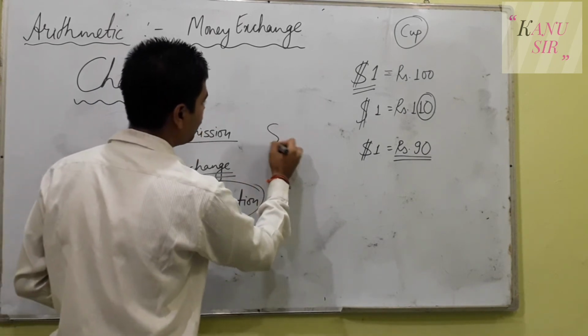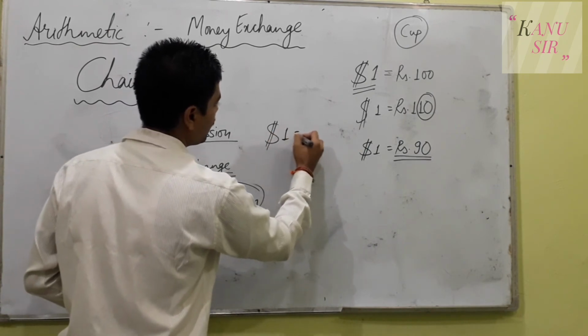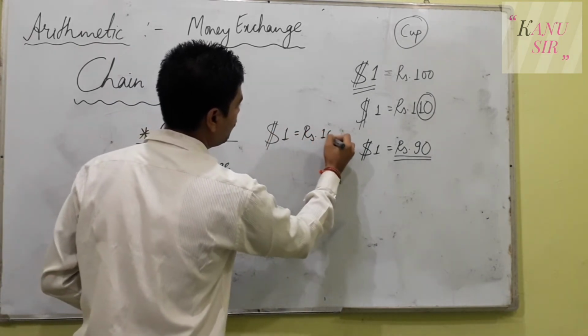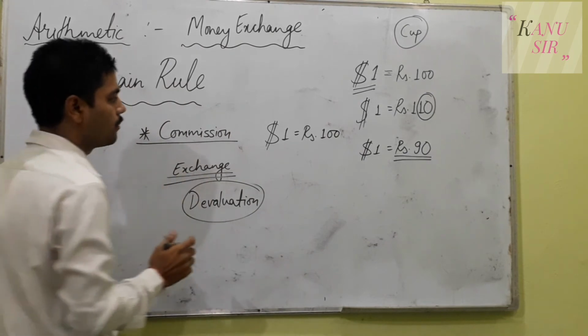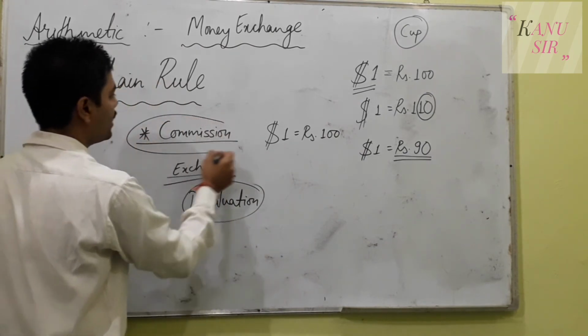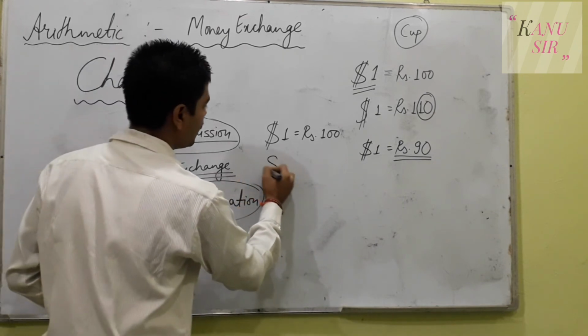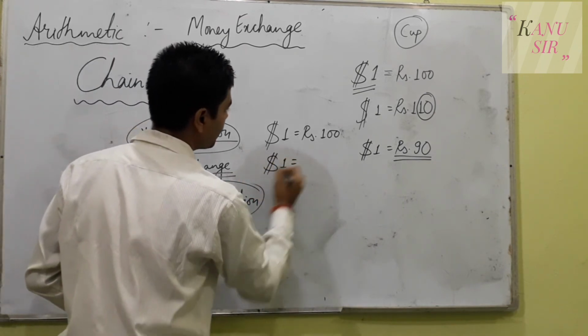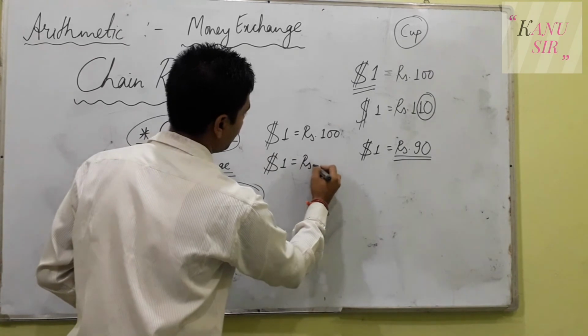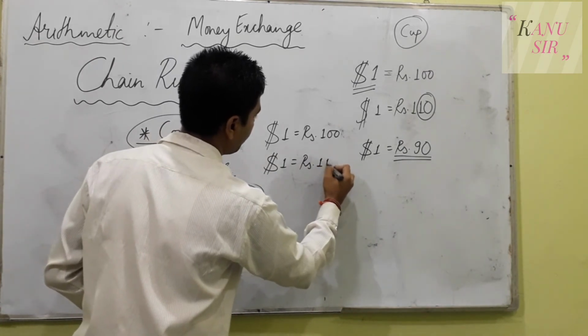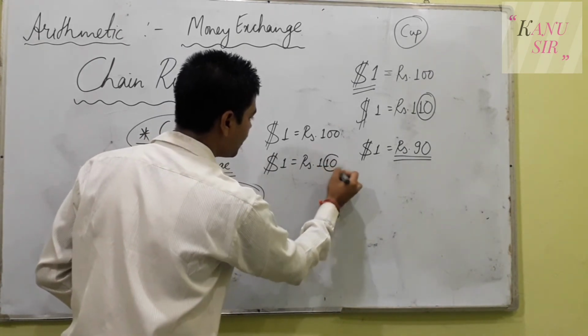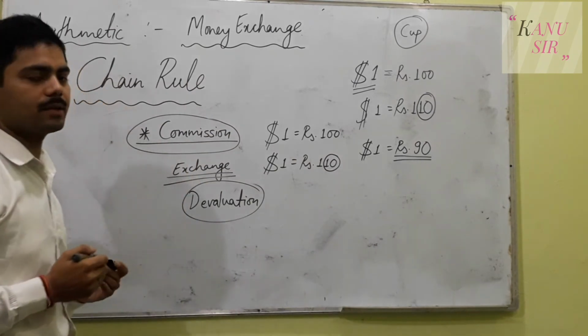Because if you need $1, then you must pay 100 rupees for example. But when you go to a person and he requires commission to exchange that dollar, then he will demand 110 rupees. So that 10 rupees will be his commission.